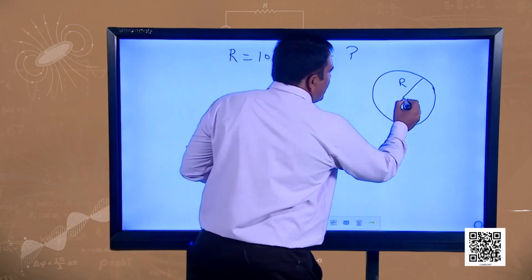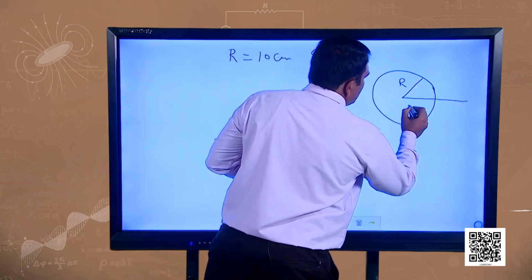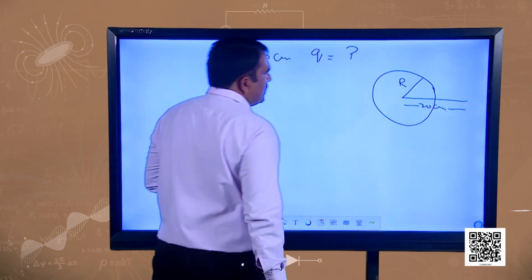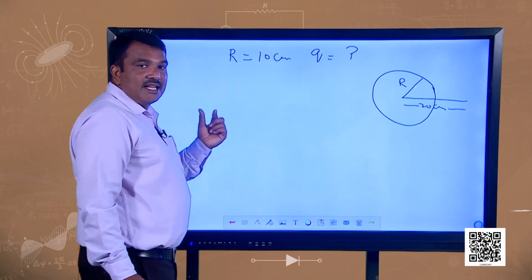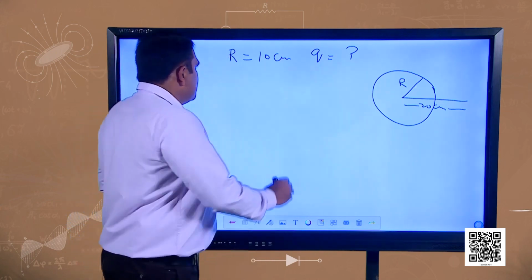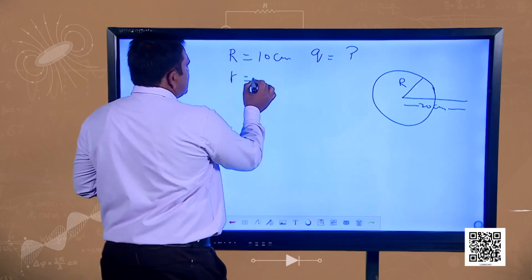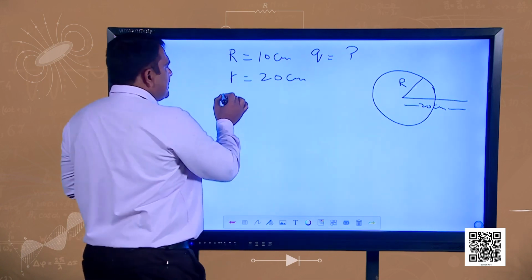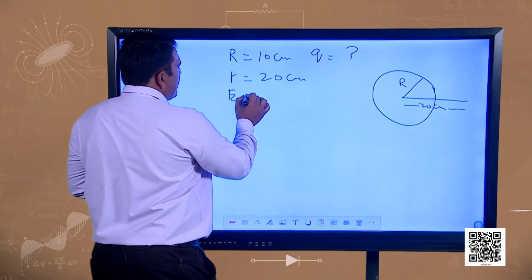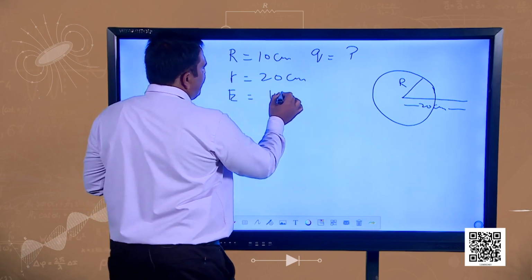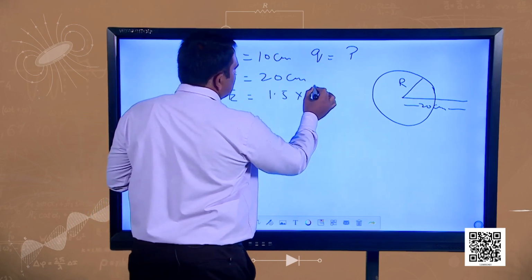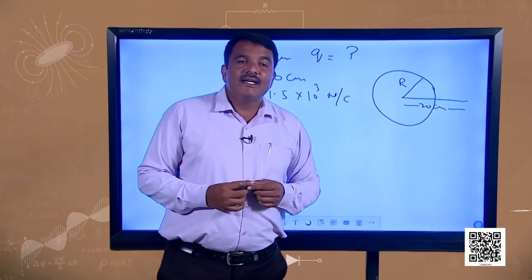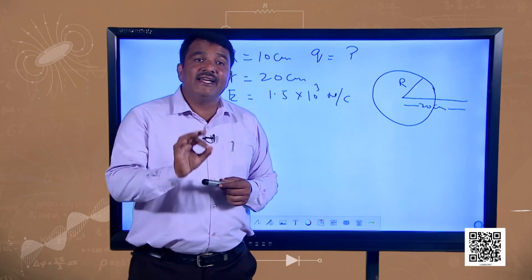If the electric field at a distance of 20 centimeter, that means the point is lying outside the sphere. So, the distance of the point is 20 centimeter, you can take it small r, and electric field at this point is given to you, which is 1.5 into 10 to the power 3 Newton per Coulomb, and this electric field points radially inward.